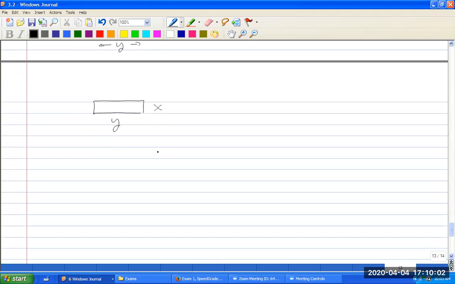I'll call it A. The total length of the sheet metal is 24, and so I'm subject to the fact that if I take this total length, x plus y plus x, so 2x plus y, I must get 24.